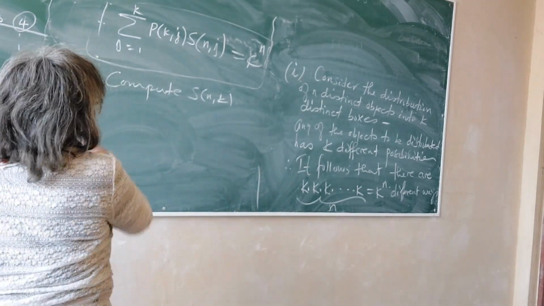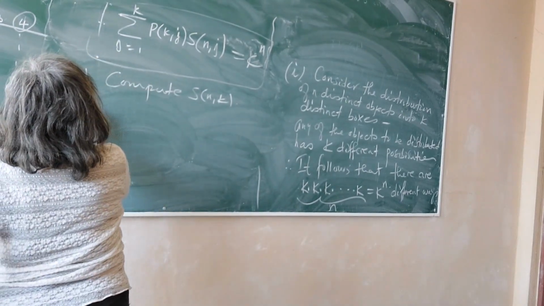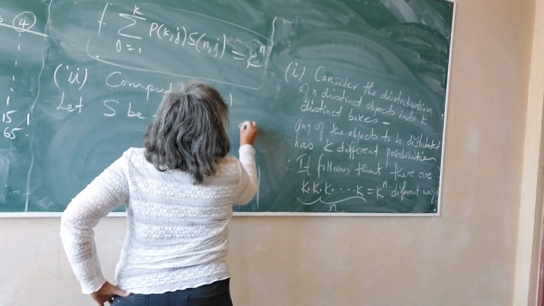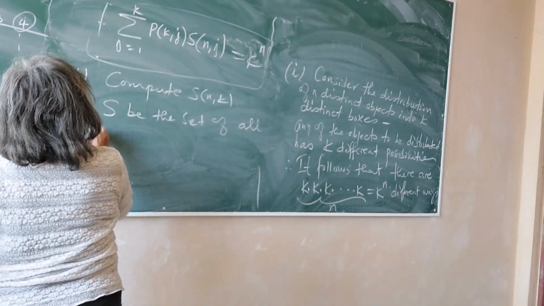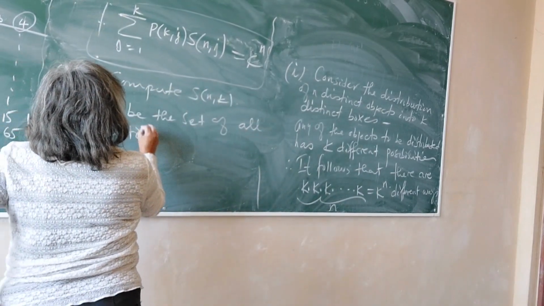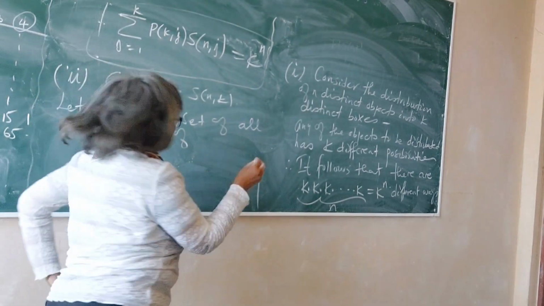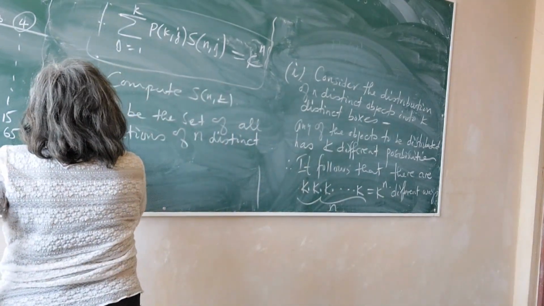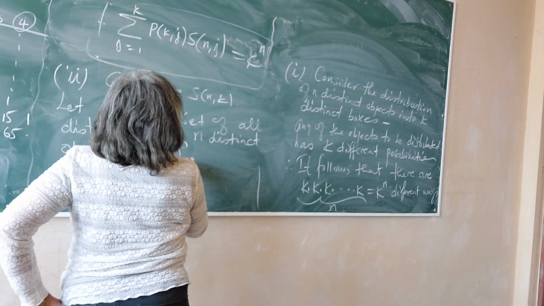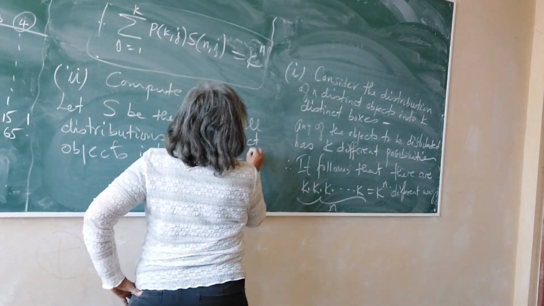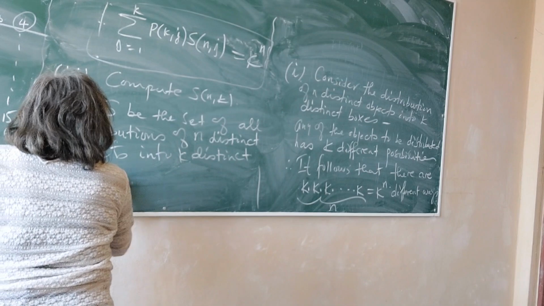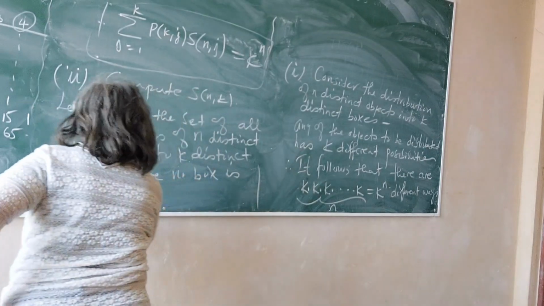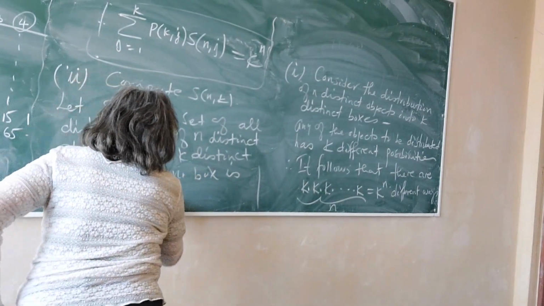Now, you see, let S be the set of all distributions of n distinct objects into k distinct boxes where no box is left empty.